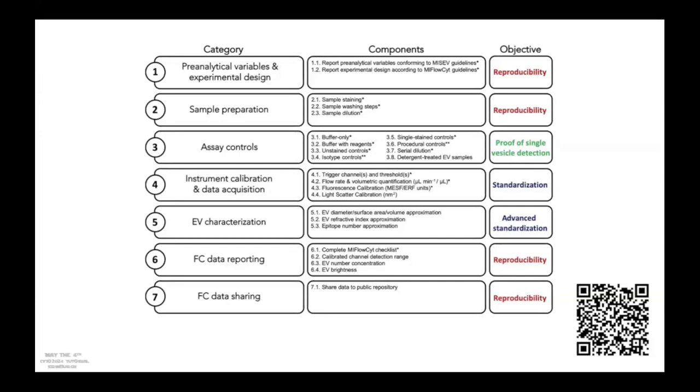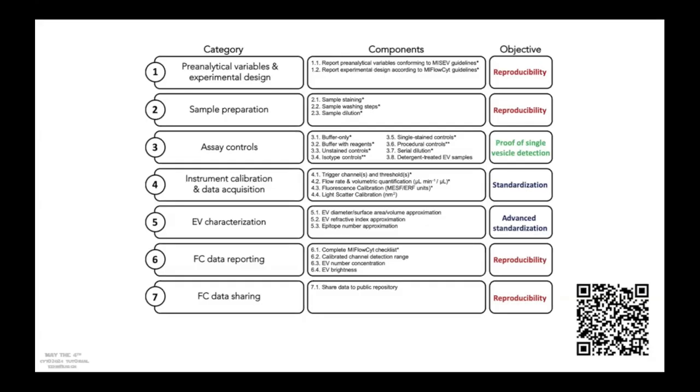So these are going to be proving that you're actually looking at the thing you're looking at, whether that's a vesicle or a virus. We'll then move on to instrument calibration, data acquisition, and characterization. So these are forms of standardization where we're going to try and make the data agnostic of the flow cytometer and remove that hardware dependence so that we can make comparisons over time or between flow cytometers.